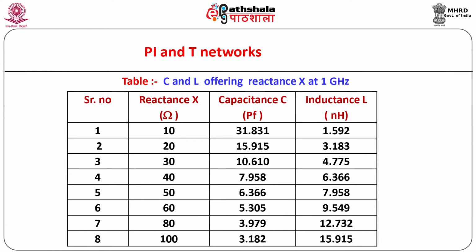The table shows some values of inductive and capacitive reactance X at 1 gigahertz and the approximate values of corresponding inductance L and capacitance C. These values can be used for setting and solving numerical problems related with impedance of different types of networks.